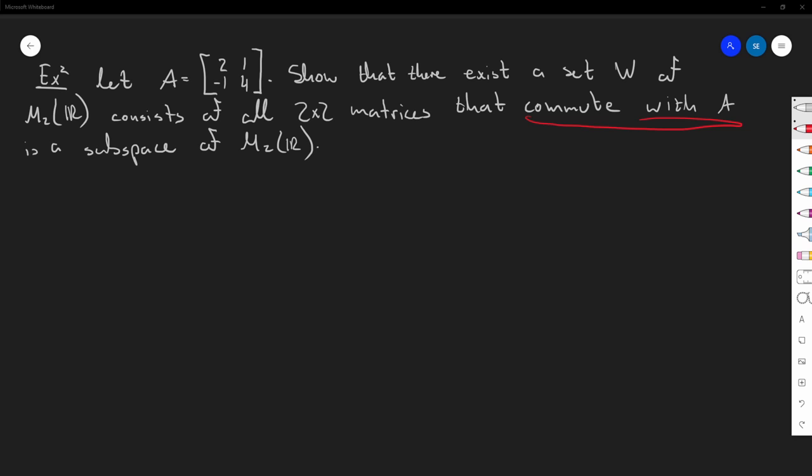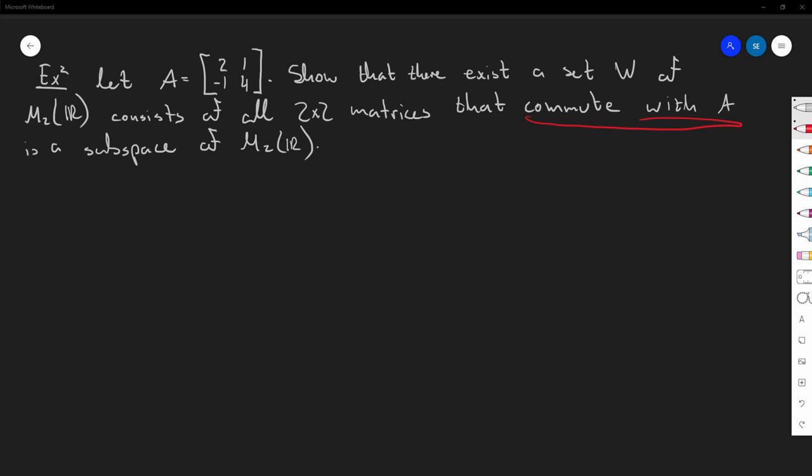So let's get started with the first part that I already had underlined here. First things first, we need to find a matrix that commutes with A. For those that don't remember, by commute I mean the commutative property of multiplication exists.